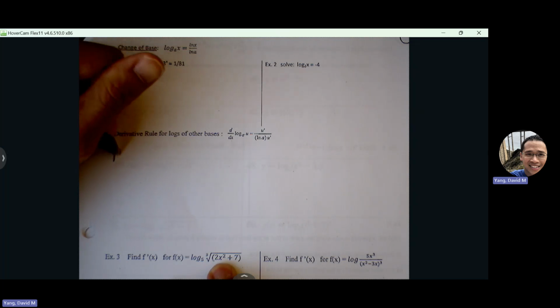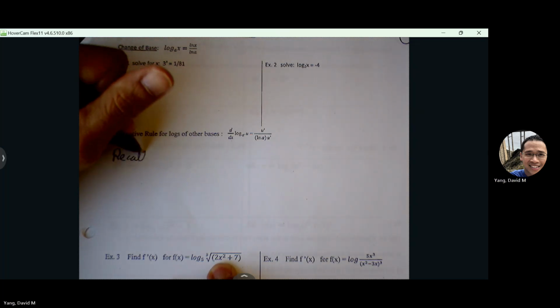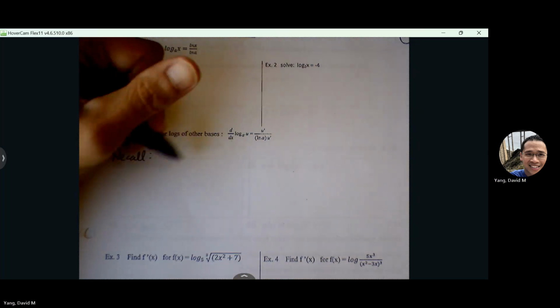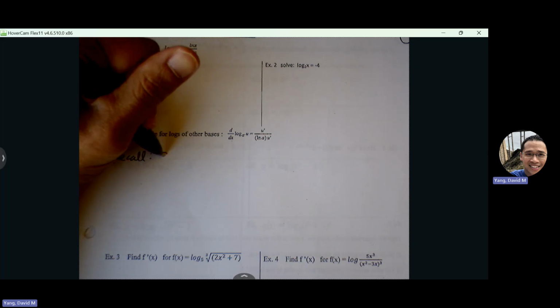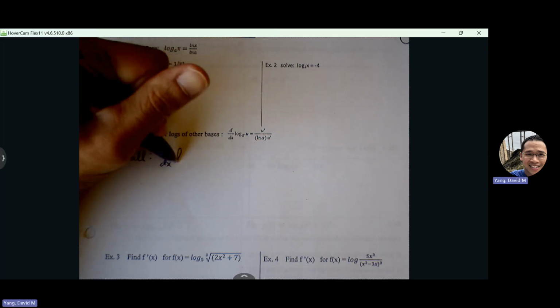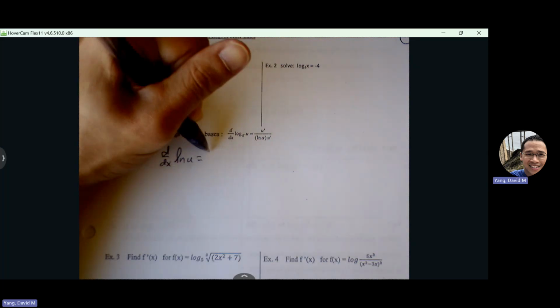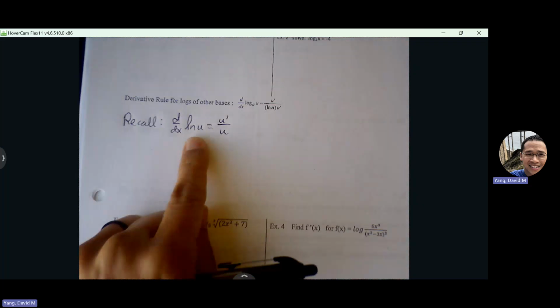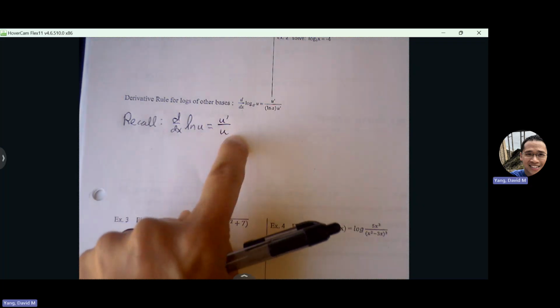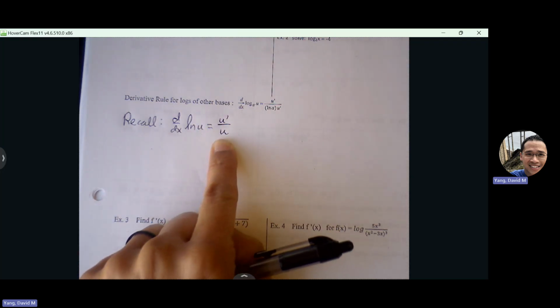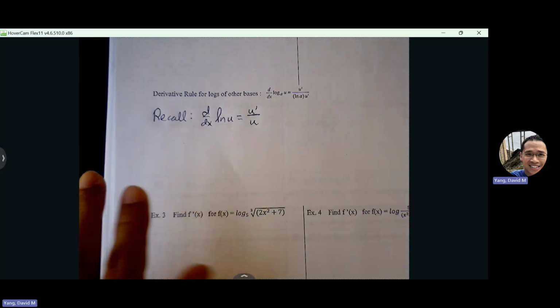So I just want us to recall our natural log rule. We know the derivative of natural log of u is just u prime over u. So this is really clean because this is base e, and base e just has a clean formula to it.